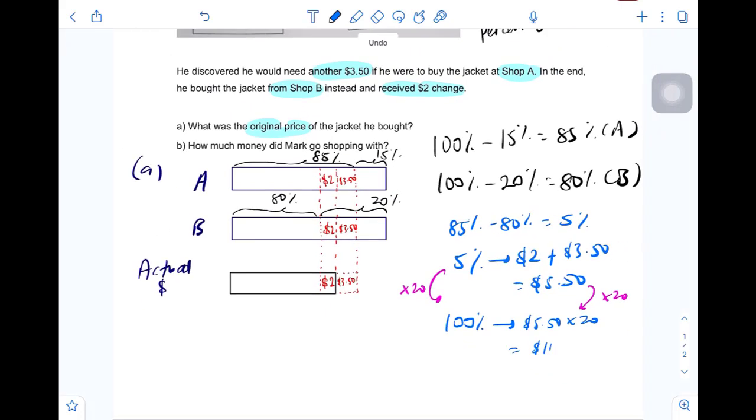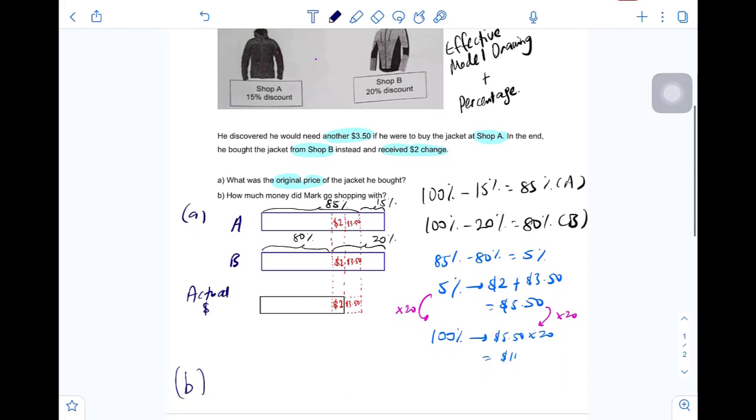Okay. Now in part B, they're asking us how much money did Mark go shopping with. Okay, it shouldn't be Mark, it should be James, because James is the original person. Now, how much money did he go shopping with? Now we know that this is his amount of money over here. This is the question mark. So what we need to do is find 80% of the original price and then plus the change that he got, which is $2.